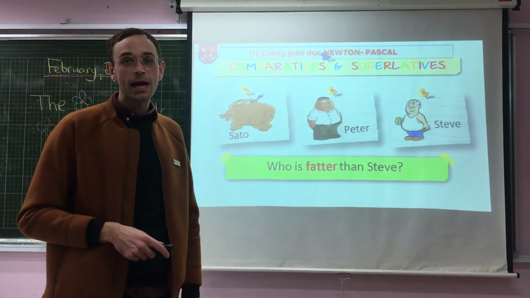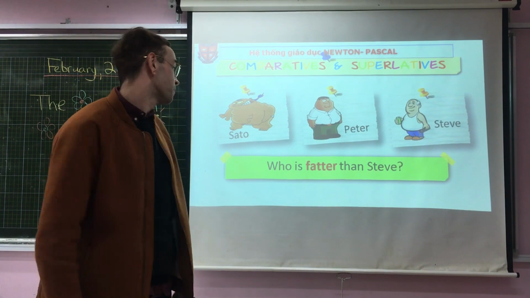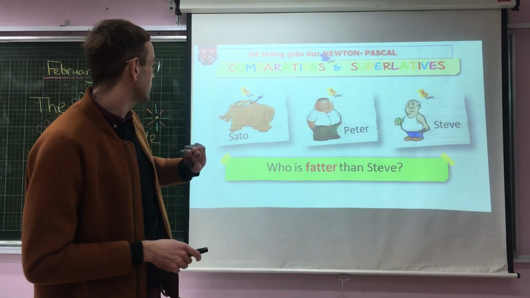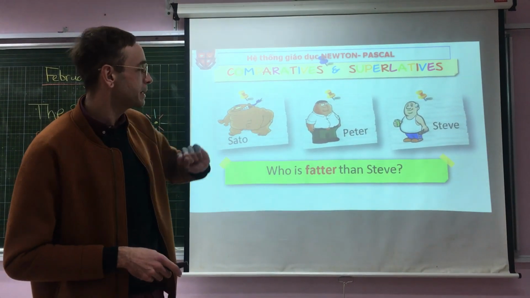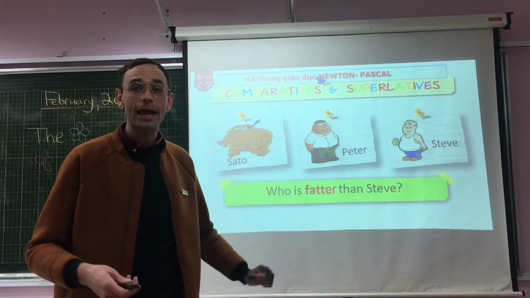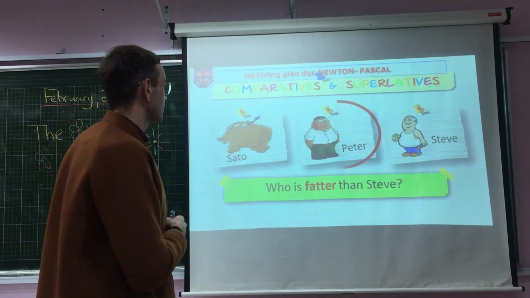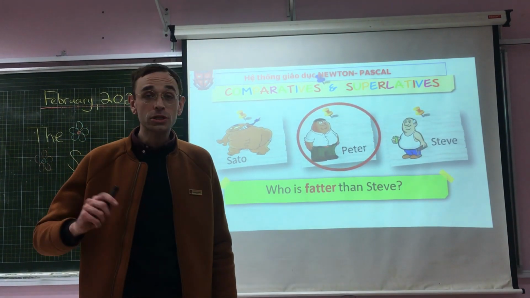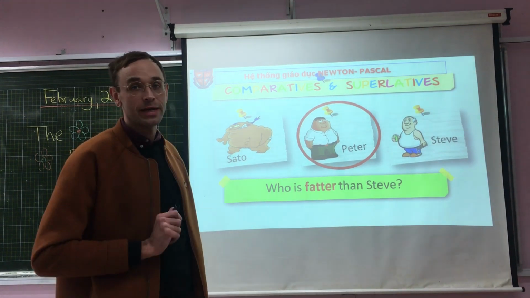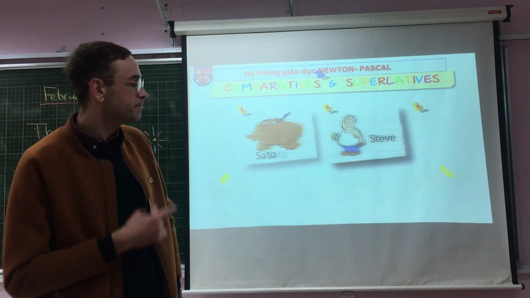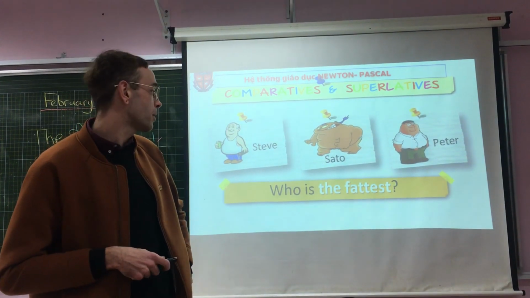All right, now we have 3 fat men here. I want to know who is fatter than Steve, Sato or Peter? Who is fatter? Answer out loud in 3, 2, 1. That's right. Peter is fatter than Steve. Is he fatter than Sato? Let's think about it.